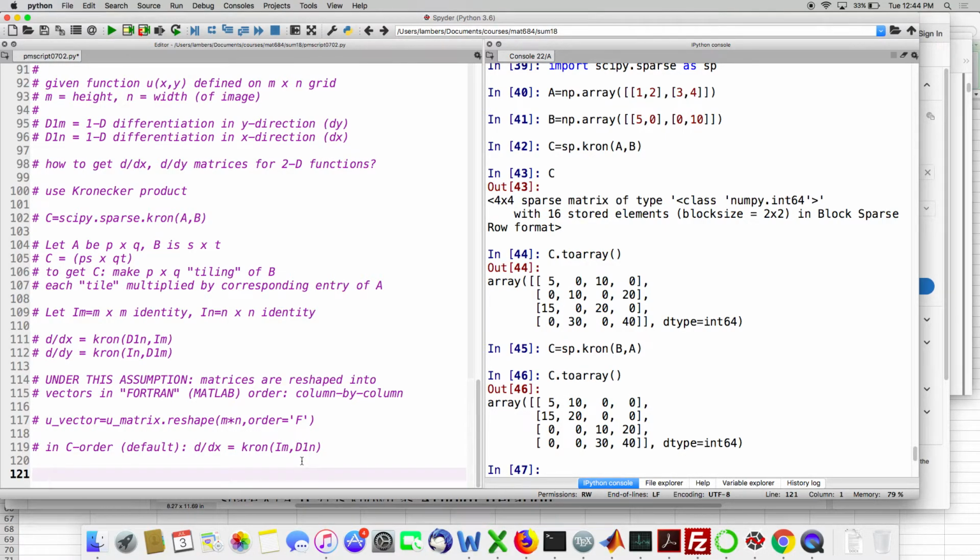I'm hoping I didn't mess anything up, but certainly there's a reversal here because of the different orderings. So I may have to try this later and make sure. So that's how you make these differentiation matrices.